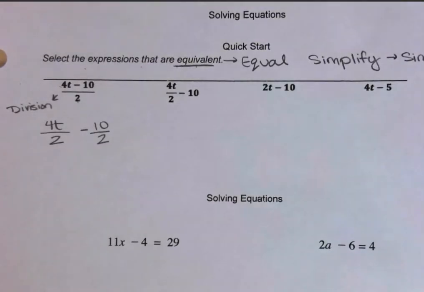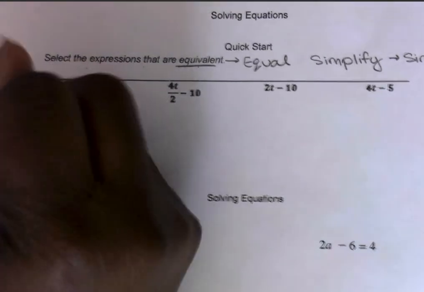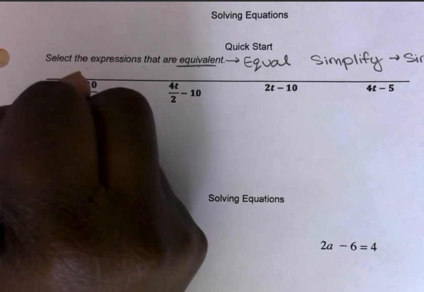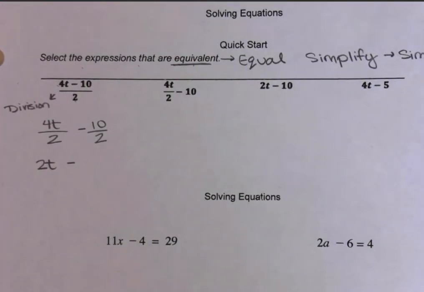So we're going to divide them. So first we have 4t divided by 2. Take a moment and think, what is 4 divided by 2? We have 2t.